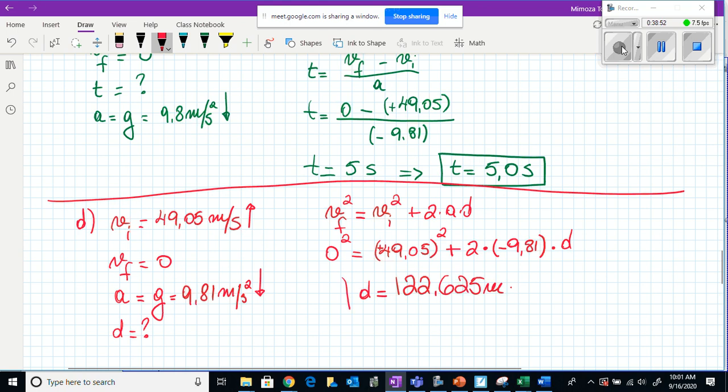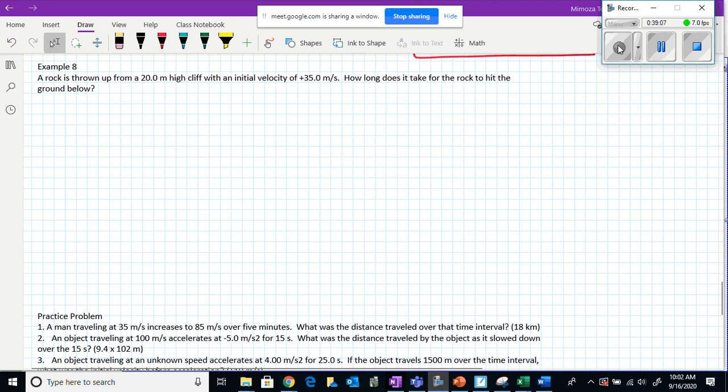However, we have to record it to 2 significant digits, so displacement will be 1.2 times 10 to the power of 2 meters, and it is up. Questions?